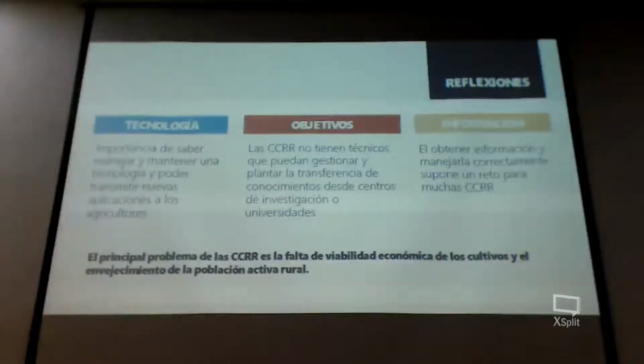Creo que es fundamental saber qué hay, cómo está y en qué situación está, porque en las pocas cosas que hemos hecho de comunidades de regantes siempre nos encontramos con el mismo problema: comunidades modernizadas que no tienen riego localizado y siguen regando a manta, o agricultores que se quejan de que la fertilización no funciona. Esas quejas hay que recogerlas y canalizarlas.